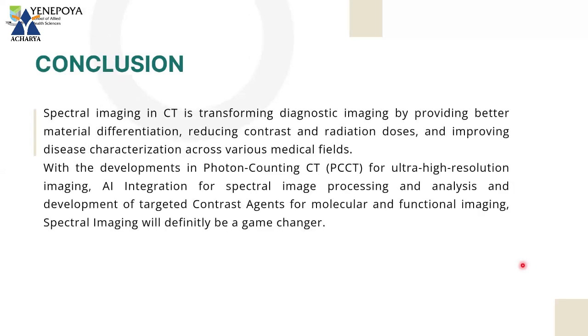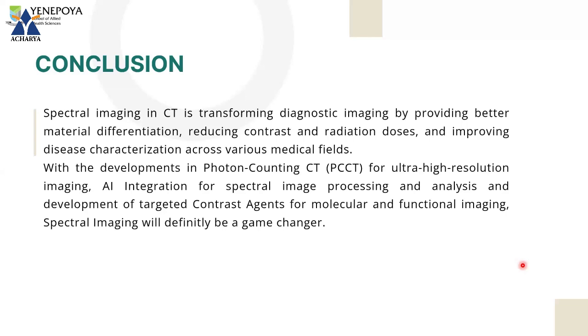If I have to conclude, spectral imaging in CT, as you all know, is transforming the diagnostic imaging setup by providing better material differentiation, reducing the contrast agent which has to be given to the patient. Radiation dose sometimes will be increased, sometimes decreased. But again, with rapid advancements, the scanners will be built in such a way that the radiation dose will come down.